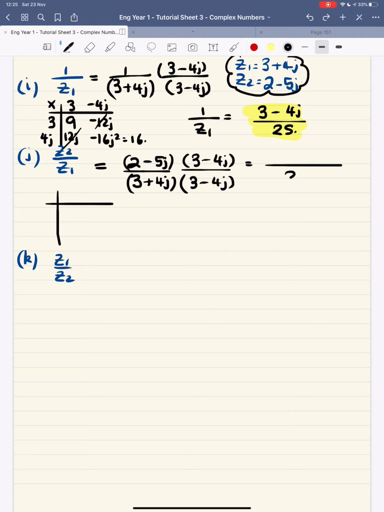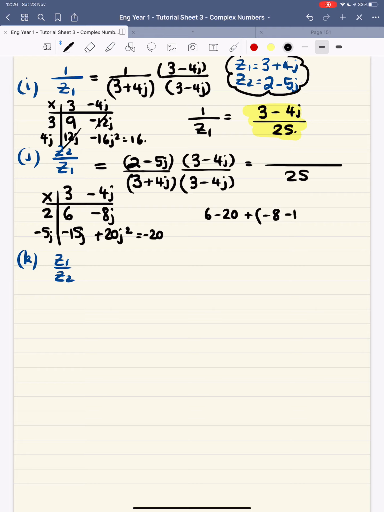I need to just do the top now, which is 2 minus 5j times 3 minus 4j, so that's 6 minus 8j minus 15j plus 20j squared. j squared is minus 1, so this is minus 20. So the numerator is going to be 6 minus 20, and then minus 8 minus 15 in the j's. So it's minus 14 minus 23j.